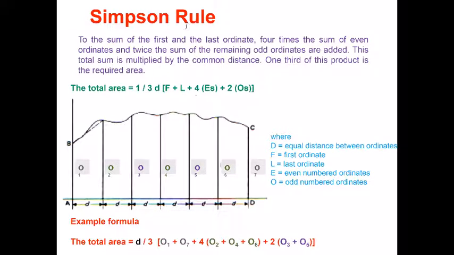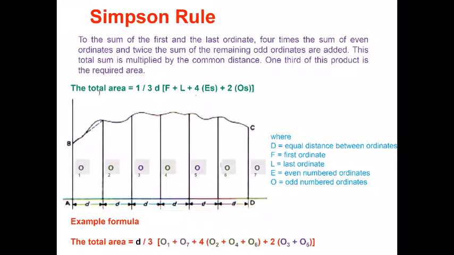So the next method is Simpson rule, and the Simpson rule states that to the sum of the first and last ordinate, 4 times the sum of even ordinates and twice the sum of remaining odd ordinates are added. This total sum is multiplied by the common distance, which is d, and 1/3 of this product is the required area.